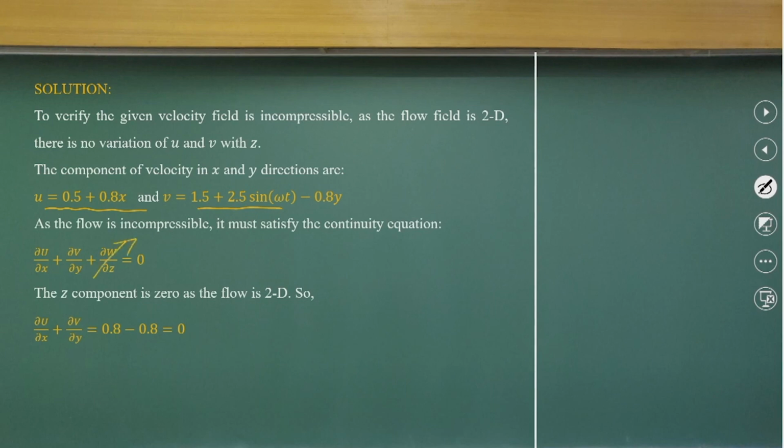So, you just take the partial derivative with respect to x and y, then you get the value 0. So, that means this becomes 0. So, the flow is incompressible. That is why it is a very easy question.